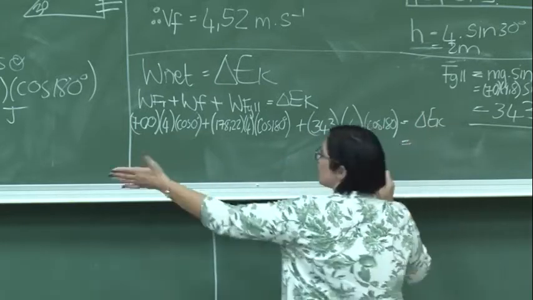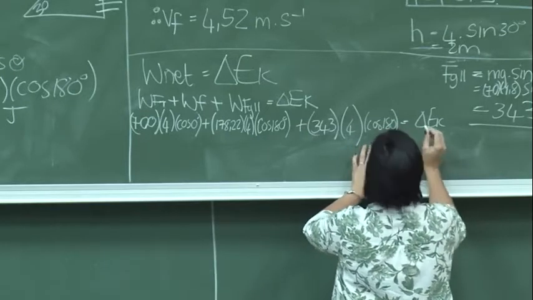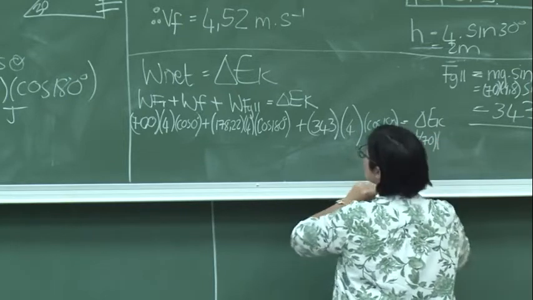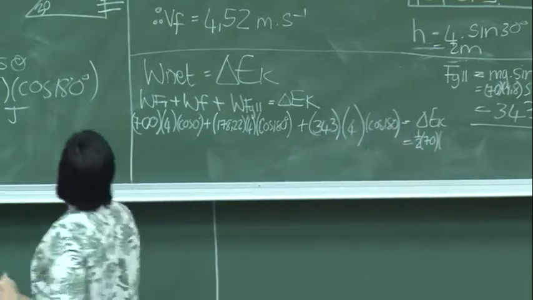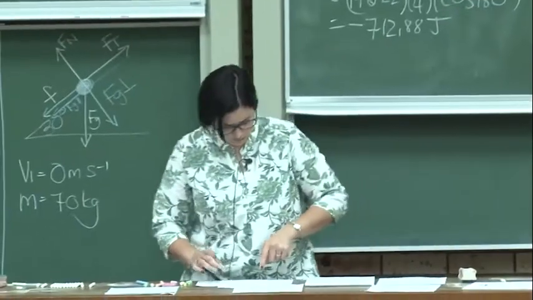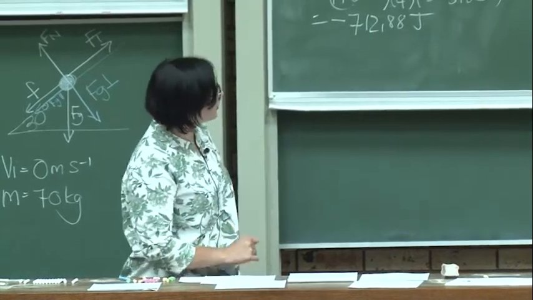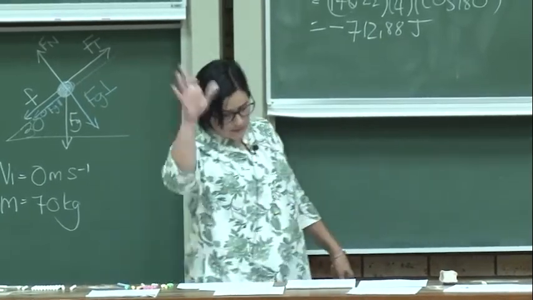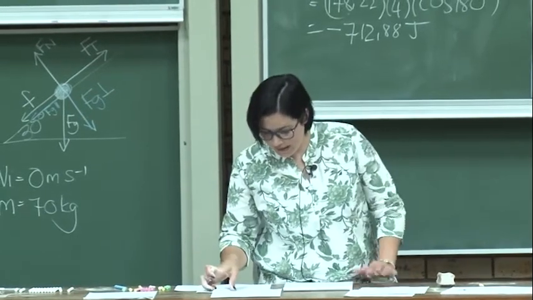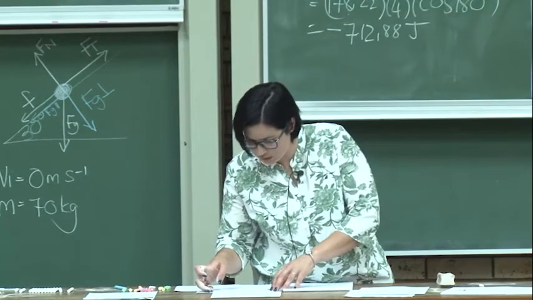Now, you can decide to first simplify this, and then over here I'm going to continue with the calculation. Half times 7 times... what am I calculating? The speed of the box after it moved up the 4 meters, is that correct? So help me with the substitution.